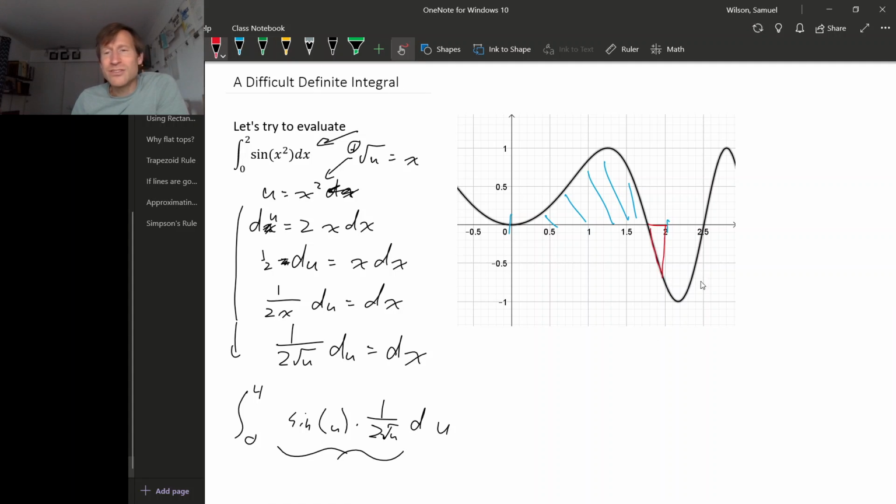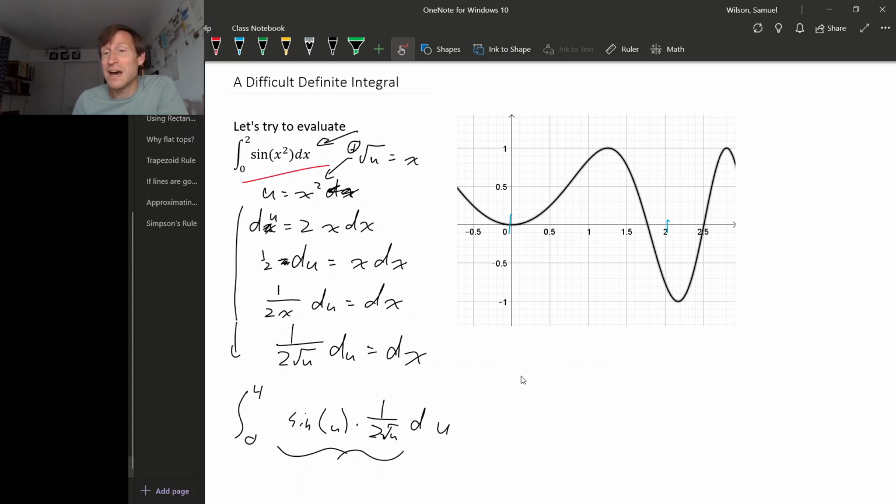Because we can't use the fundamental theorem of calculus, we can't evaluate this integral exactly. The best we can do is approximate it. Back when we first talked about definite integrals, we approximated areas using rectangles, so we could use exactly the same idea.